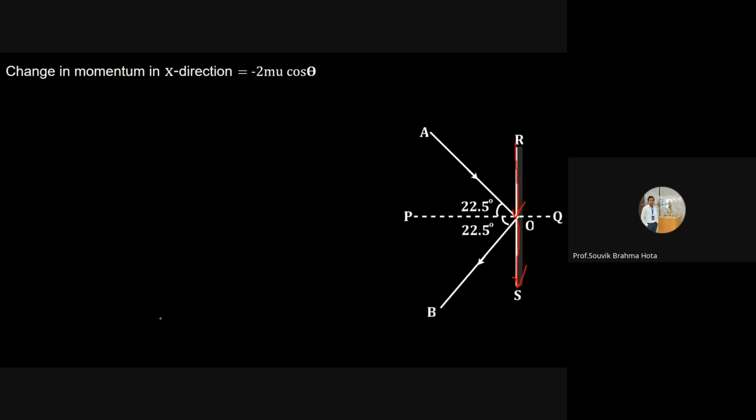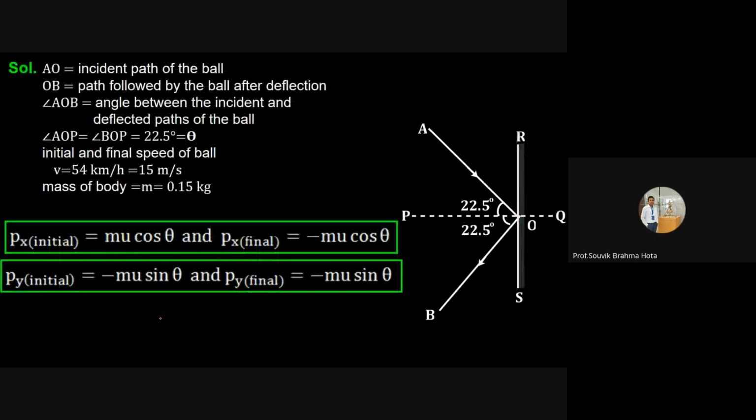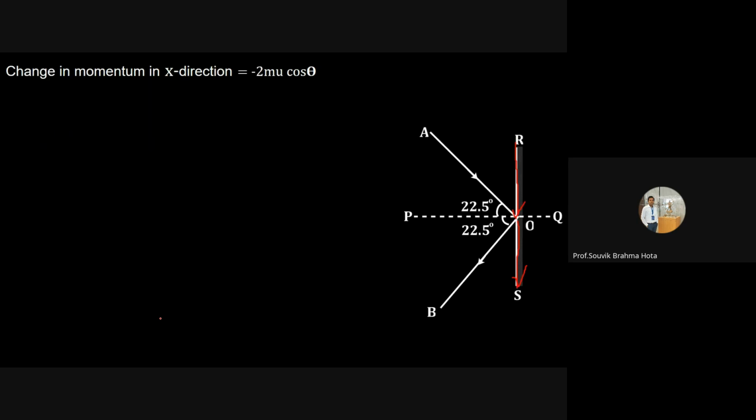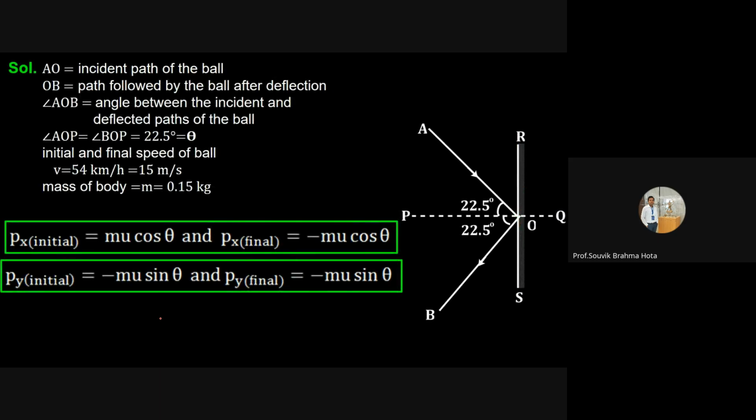So change in momentum in the x-axis is actually minus 2 mu cos theta. Why? Because final minus initial is the change in momentum. So minus mu cos theta minus mu cos theta gives minus 2 mu cos theta.